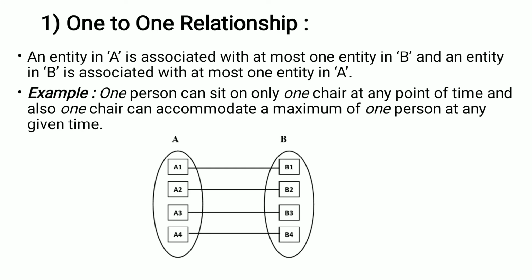A1 is associated with B1, A2 is associated with B2, A3 is associated with B3, and so on, up to AN associated with BN. Another example here is that one employee can manage at most one department. That is, one department can have a maximum of one manager.